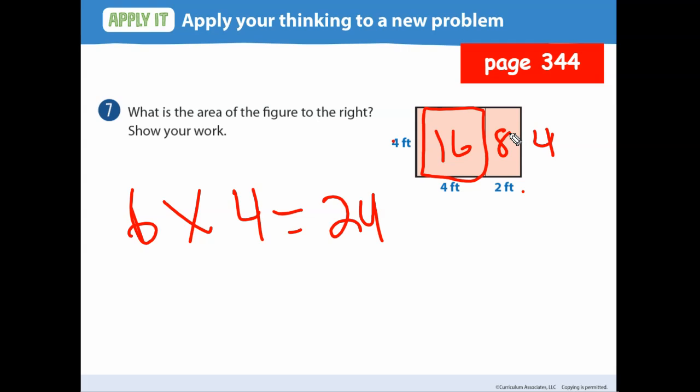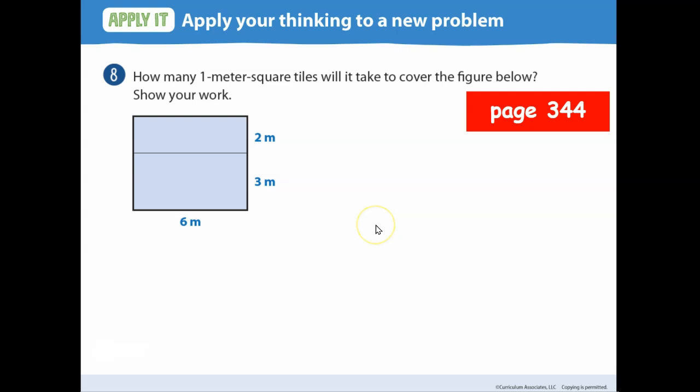And then I add 16 plus 8. 6 plus 4 is 10, put the 0 down, carry the 1. 1 plus 1 is 2. And I get the same answer. So 2 ways I could do this. Now go ahead and do this by yourself, and then we're going to check it.